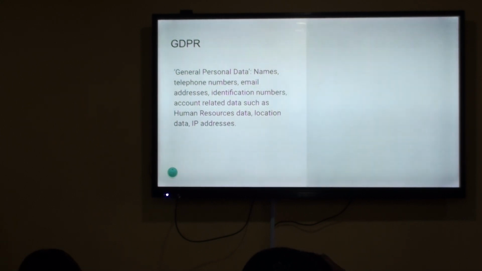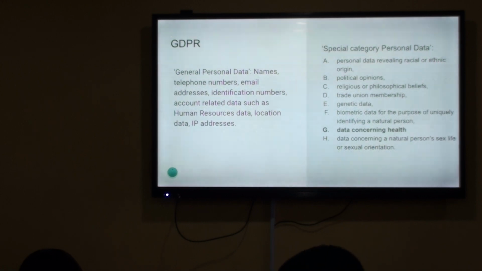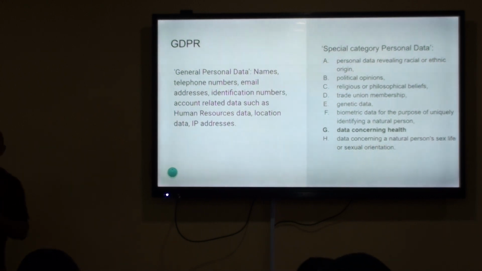It's very identifiable. If somebody has your IP address, and they know the owner of the computer, yeah, sure. Your location, yes. And then there's another category of personal data, which is called special category data.